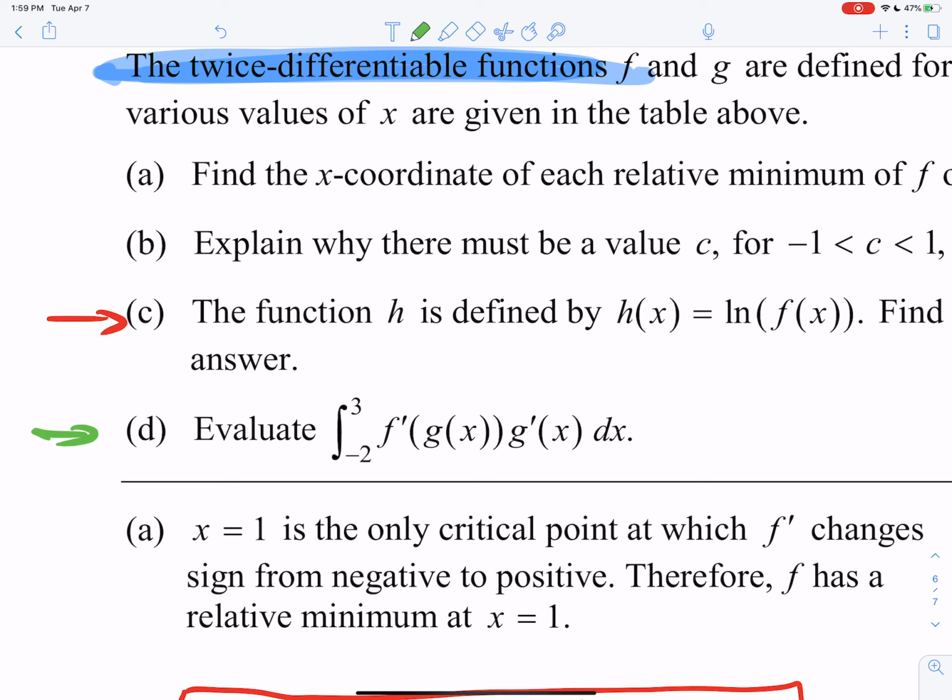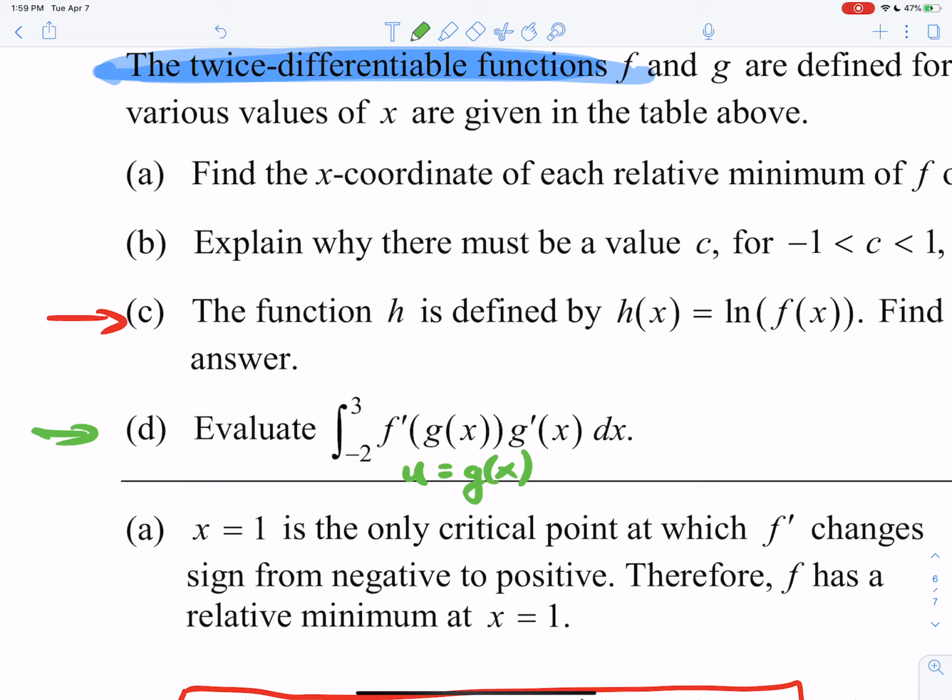I noticed that g is inside of this function here. Although it looks complicated, they're really telling you to let u be the inside function. If u is g of x, then the derivative of u is just the derivative of g dx.